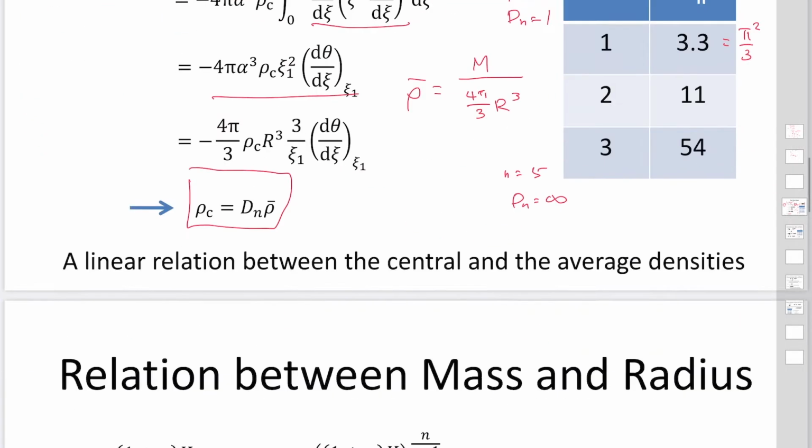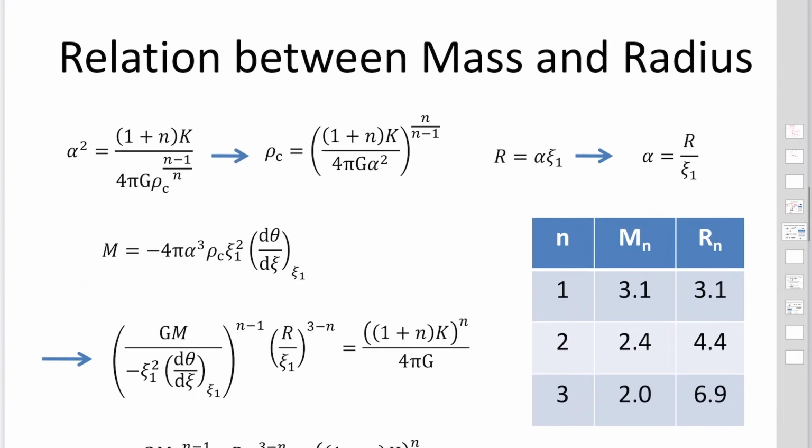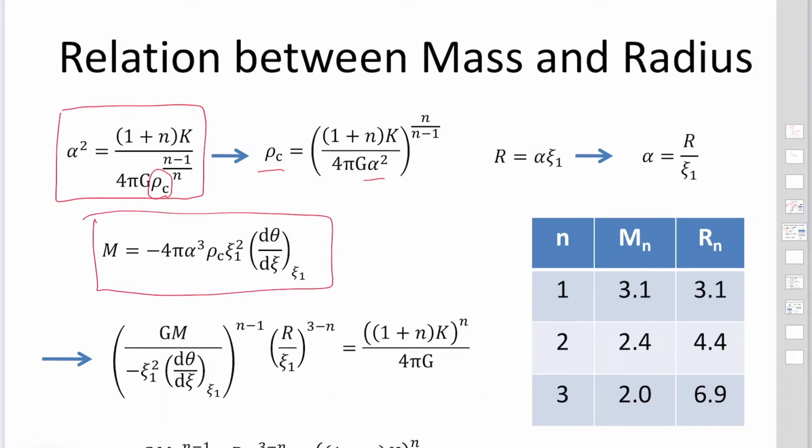We'd like to move to the next topic, the relation between the mass and the radius. So from the first equation, this is the definition of α². Then you can express ρ_c with α. And also from the last slide, I derived that the total mass of the star is given by M = -4π α³ ρ_c ξ₁² dθ/dξ.